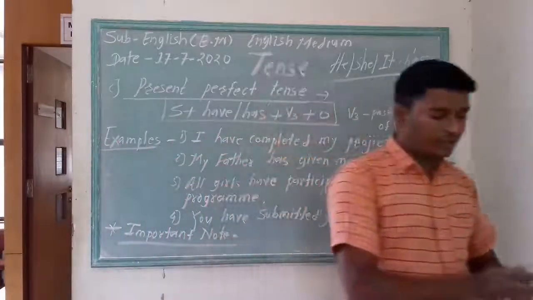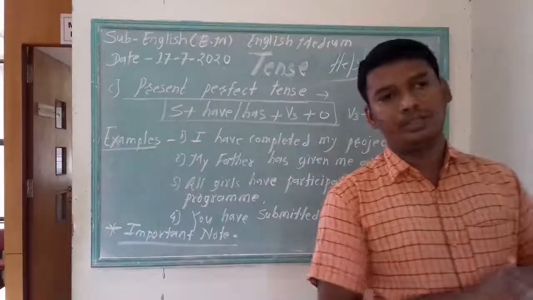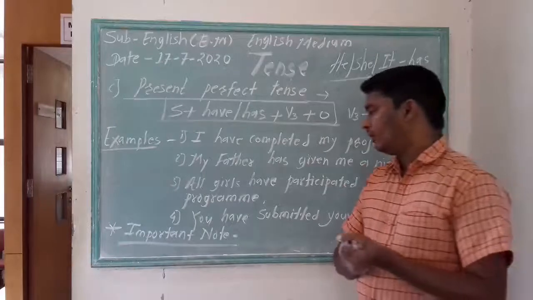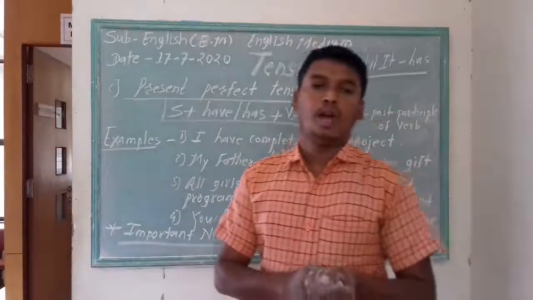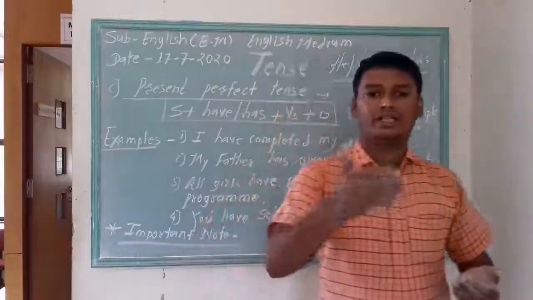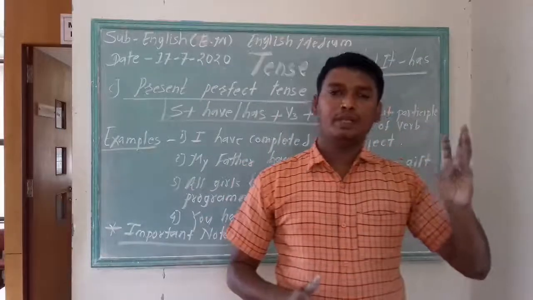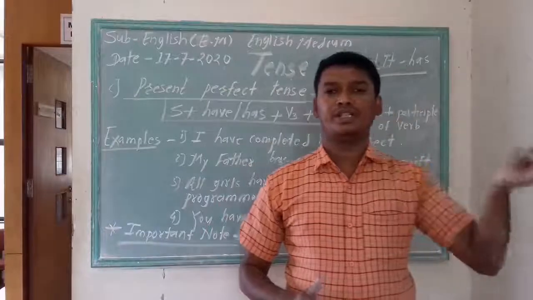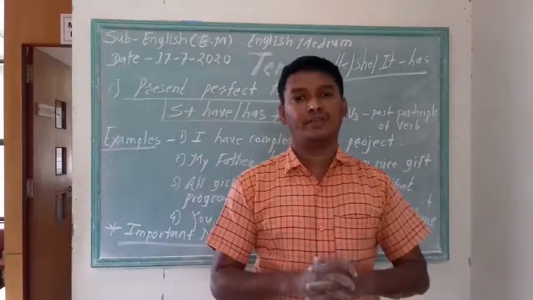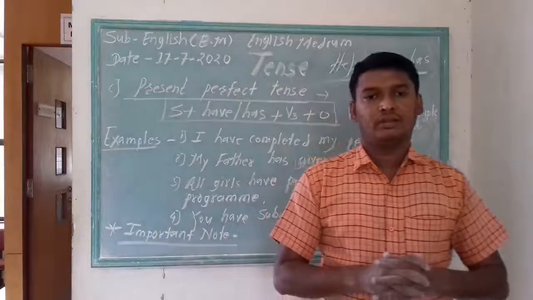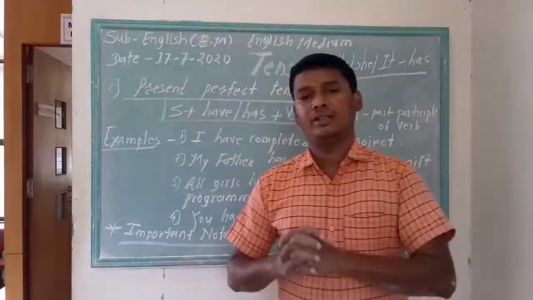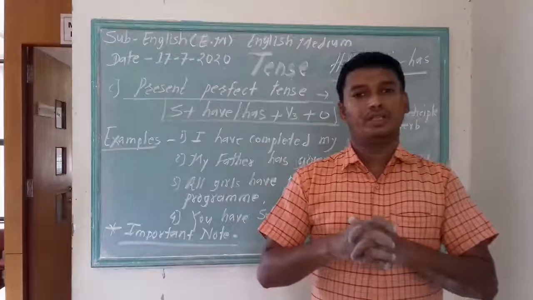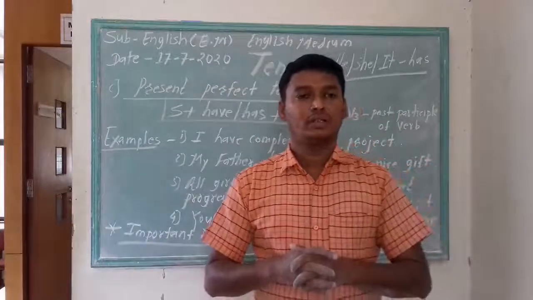Now pay attention here. Friends, today we have learned three tenses: first, simple present tense; second, present continuous tense; and third, present perfect tense. There are still nine tenses which I will teach you in the next lecture.